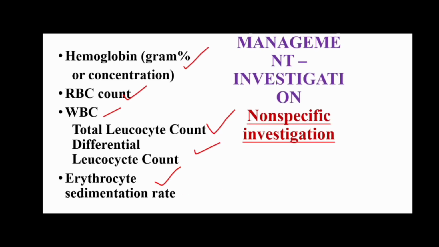Most professors ask why we have to investigate the hemoglobin concentration: because if it is less than 10%, we can't do surgery on that patient. And red blood cell count also.